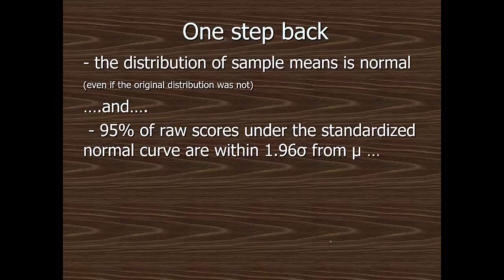Now, this next part is conceptual in nature, and you don't need to memorize it as much as understand it. 95% of raw scores under the standardized normal curve are within 1.96 standard deviations from mu. Remember, Z equals number of standard deviations from mu.